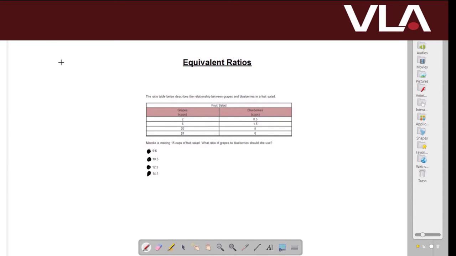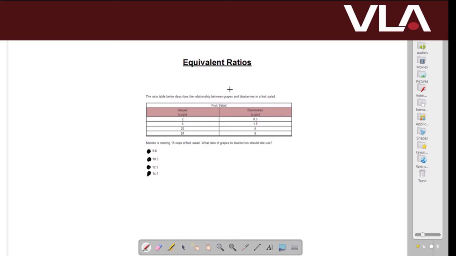Here's the example problem I picked. This is one of the questions on one of the quizzes that you might see or you might not. It depends how lucky you get. So if you see this, you have the answer, but hopefully you can figure this out. It says the ratio table below describes the relationship between grapes and blueberries in a fruit salad. It gives you a chart here, grapes to blueberries.